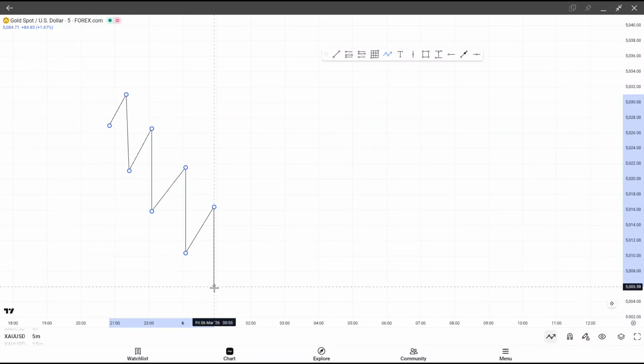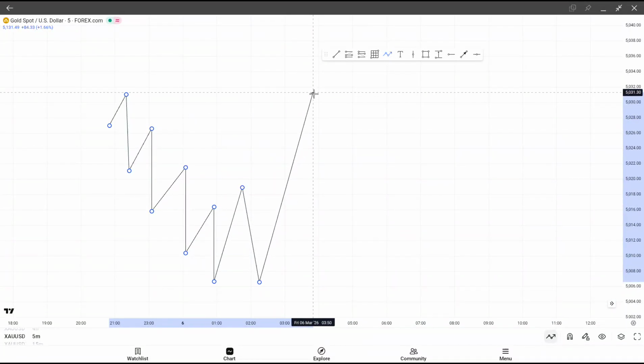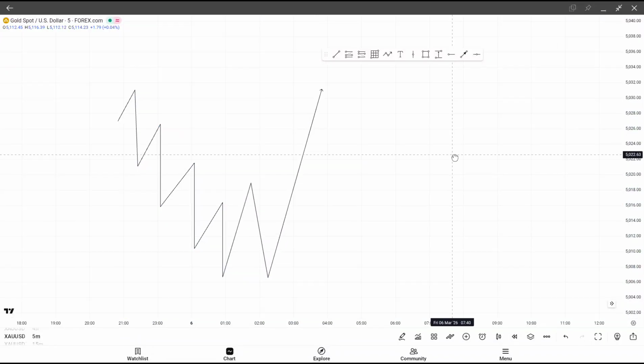Let's continue. Now, before the market goes to the opposite direction, the market needs to clear the previous high. Once it gets the previous high and passes that level, do you understand? It means that the market is about to go in the opposite direction.